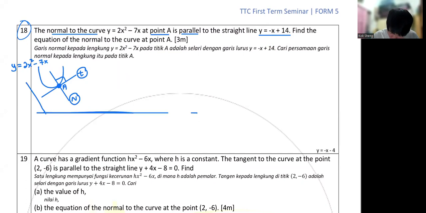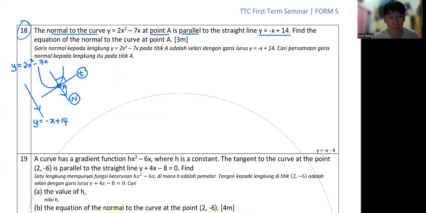So another straight line, sure. These two are parallel. Yeah, okay with the graph here. So last one is find the equation of normal to the curve at the point A. So yes, you have to find this one.